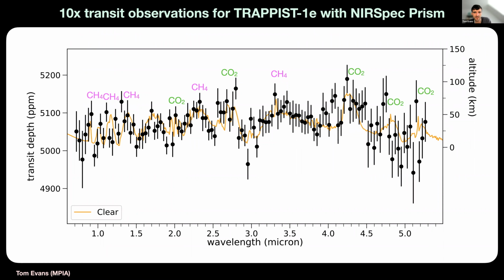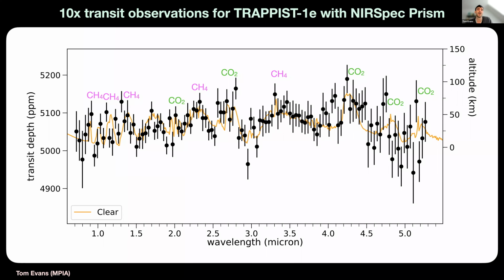Here's what that same data set would look like with 10 co-added transits, zoomed in, where we've assumed that the measurement noise is binning down optimally as Poisson noise, according to square root N. These are the kinds of mock data sets that I performed my mock retrieval analyses on.